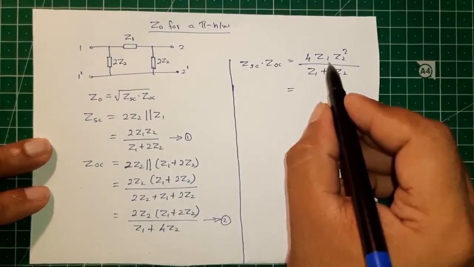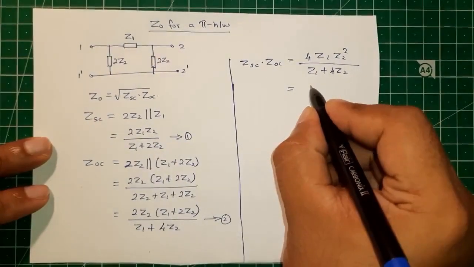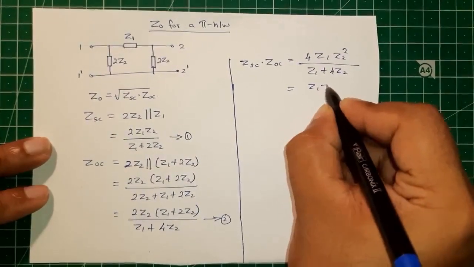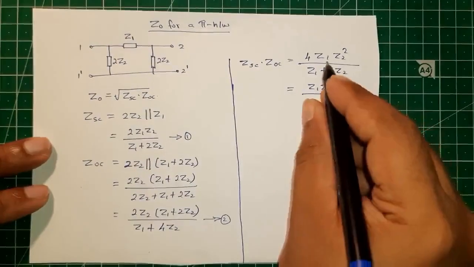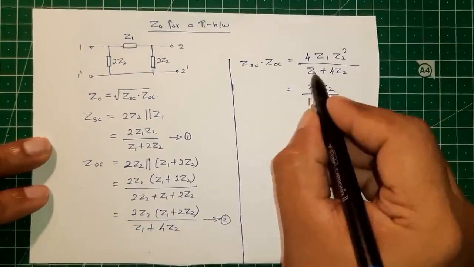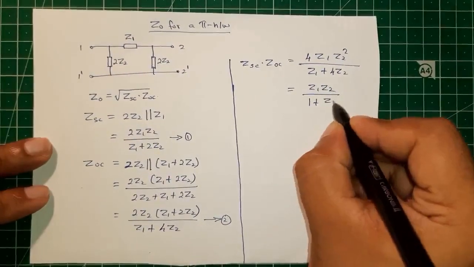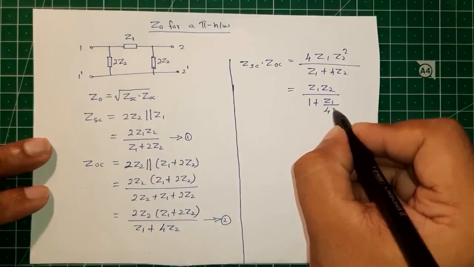We'll bring this 4Z2 to the denominator. So we'll have Z1, Z2, and 4Z2 will get cancelled here, so that it will be equal to 1. This Z1 divided by 4Z2 will be equal to Z1 by 4Z2.